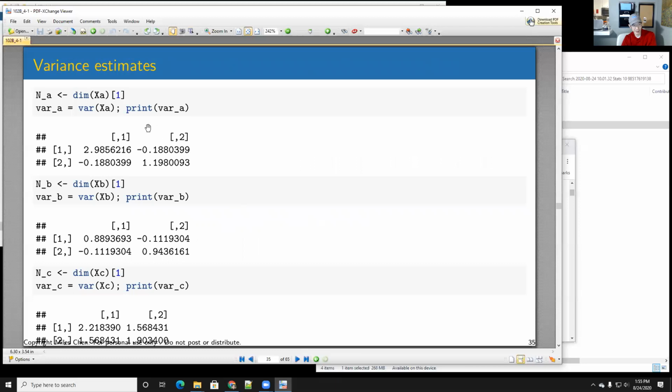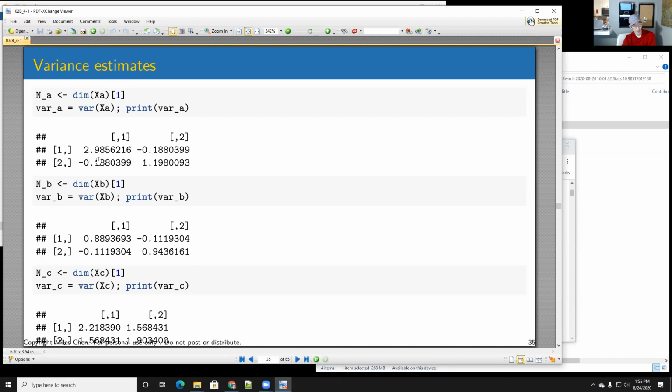And luckily for us in R, we can just ask for the variance of a matrix, and it produces your variance covariance matrix, right? When we generated it, the variance covariance matrix should have been 3, 0, 0, 1, okay? And our sample variance matrix is close to that, but not exactly. We get 2.98.